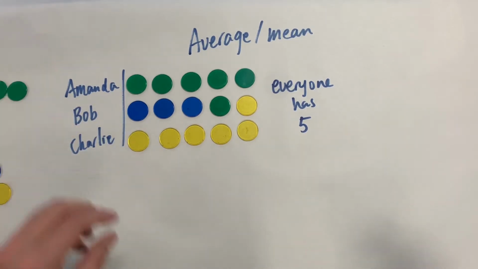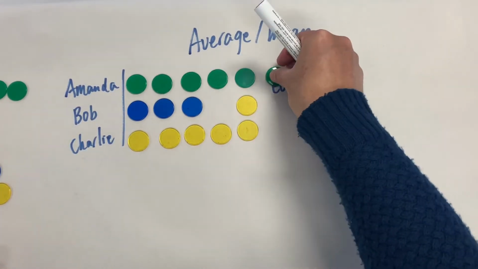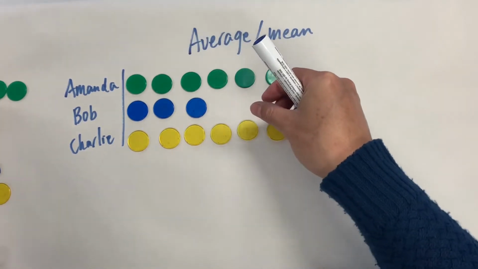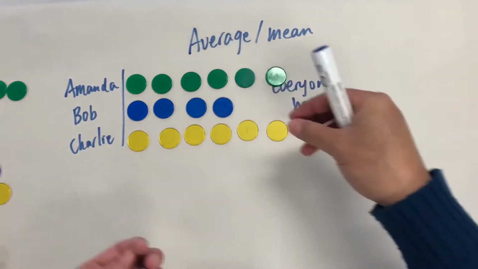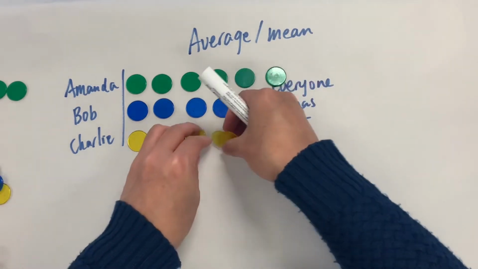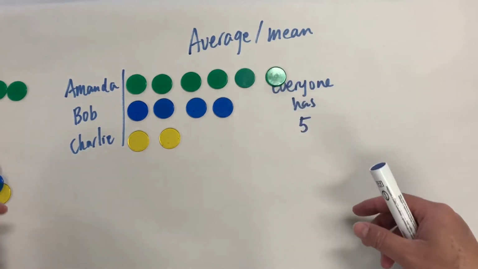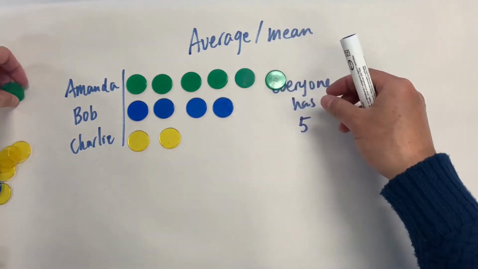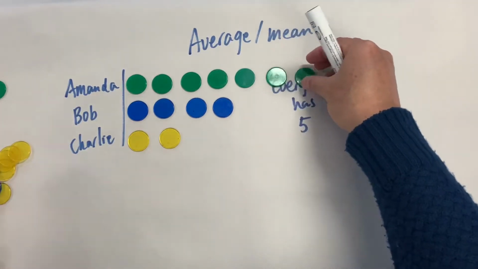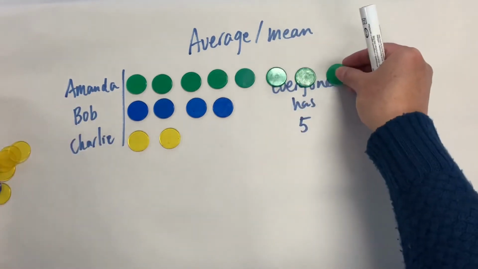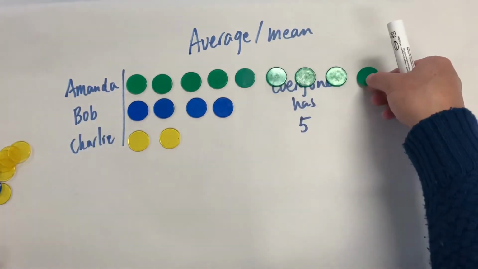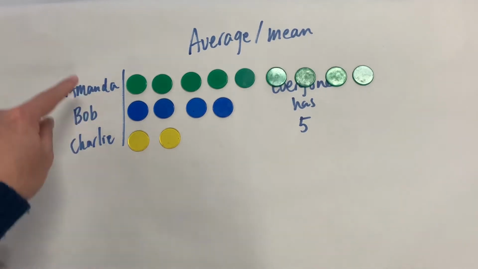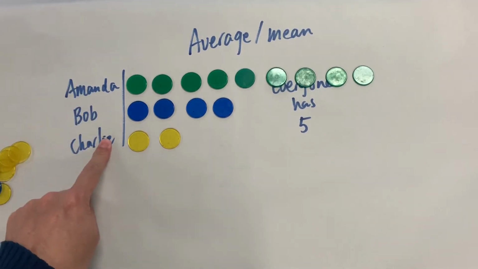So let's change this. So Bob now has 4. Charlie has 2. And Amanda has 7, 8, 9 marbles. Amanda has 9 marbles, Bob has 4, Charlie has 2.